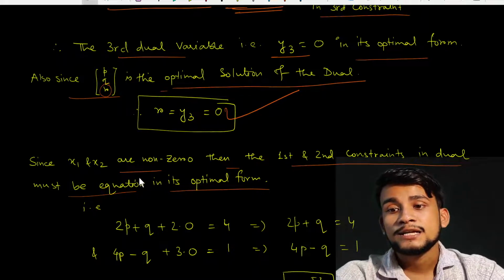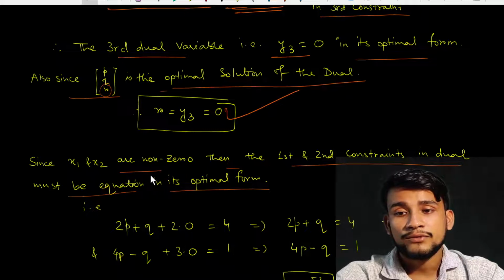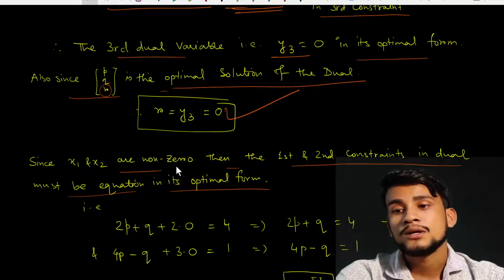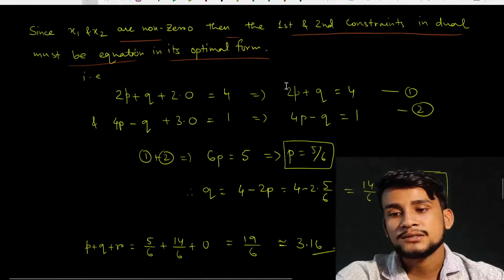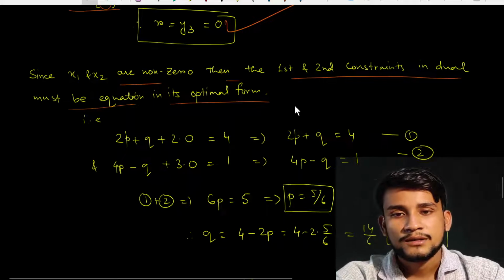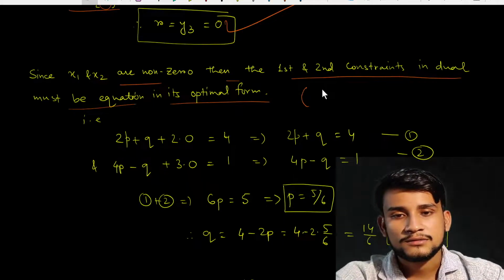It says that if the decision variables in the primal problem in its optimal form are non-zero... And see here the values of x1, x2, x3 are given.